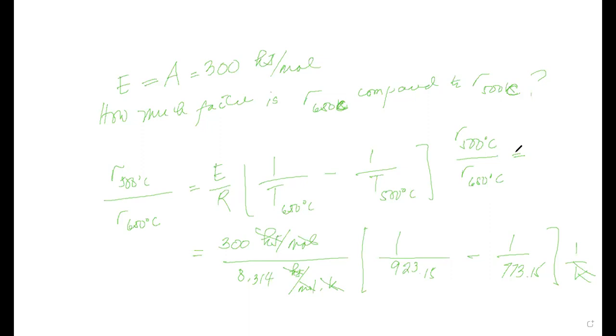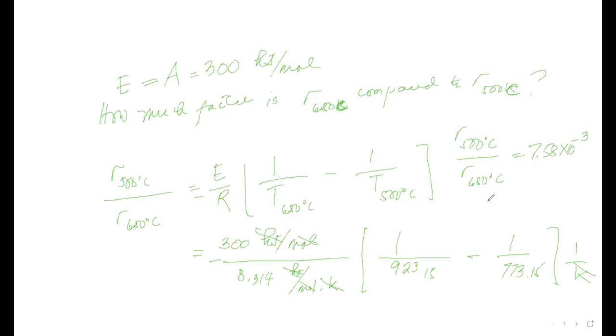Negative 7.58 times 10 raised to negative 3. It's negative because we don't have the negative sign here. So, what's the answer? 7.58 times 10 to the negative 3. So if the question is how much faster is the 650 degrees Celsius rate compared to the 500 degrees Celsius rate, then it could be rephrased in this manner. You place this one in here and the 650 in here.